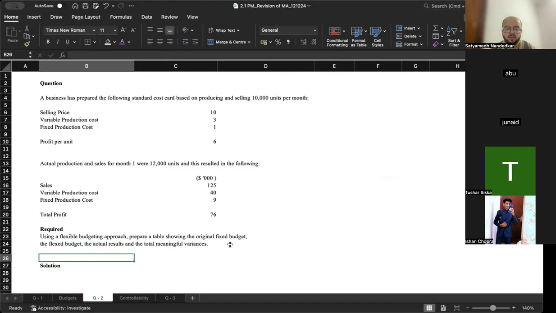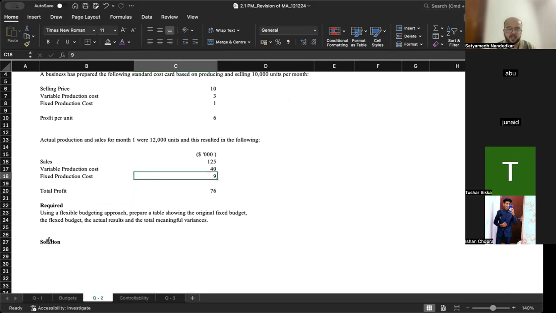Selling price, variable production cost, fixed production cost. Actual production and sales for month 1 were 12,000 units, and this resulted in the following. Sales 1,25,000. These are in dollar thousand. Variable production cost 40,000. Fixed production cost 9,000. Total profit is given to you. Using a flexible budgeting approach, prepare a table showing the original fixed budget, the flexed budget, and the total meaningful variances.